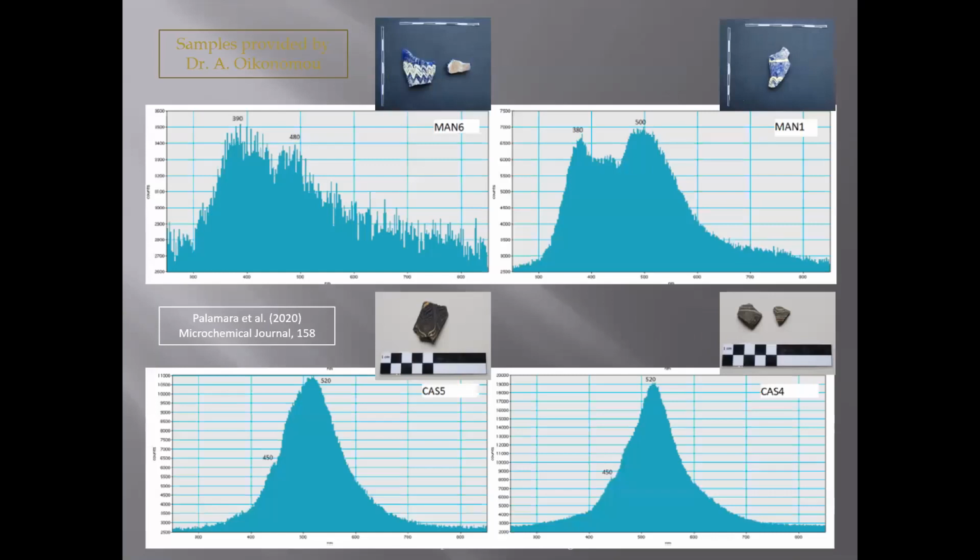And when we did the CL analysis, the result was that there were some differences that could be noted between the spectra produced for the two different sites. These are some indicative spectra, and you can see that the overall appearance is different. Now, this work is at its very early stages.